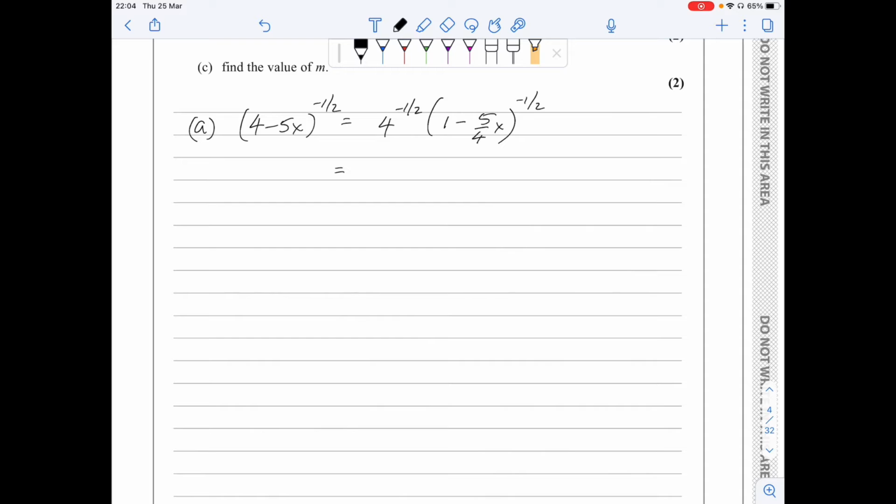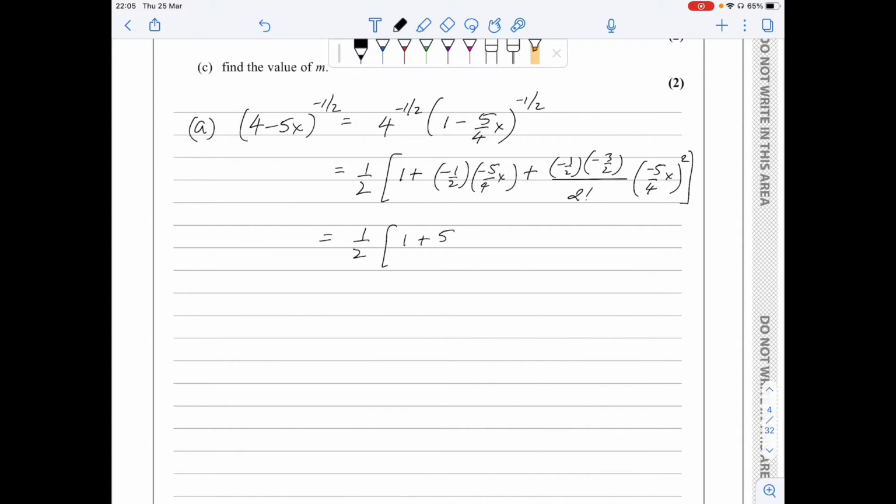This is equal to 1 over 2, times (1 plus minus a half times minus 5 over 4x plus minus a half times minus 3 over 2, over 2 factorial, times (minus 5 over 4x) to the power of 2). This simplifies to 1 over 2, times (1 plus 5 over 8x plus 75 over 128x squared).